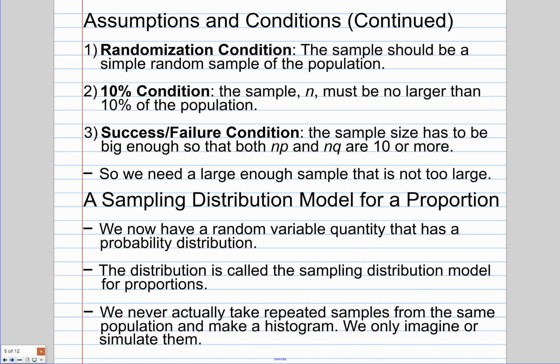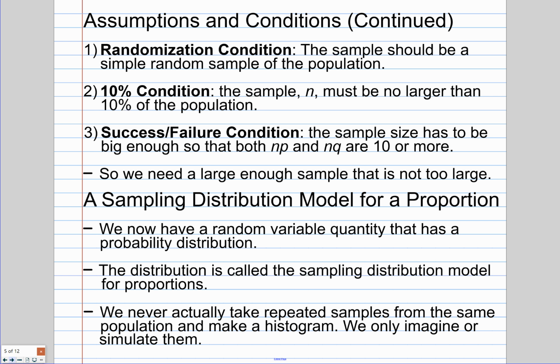All the probabilities change. But if it's millions of M&Ms, that change is so small that it's basically as if it didn't change. Okay, so that's the 10% condition in a nutshell. So we're going to check that to make sure that we think there are more than 10 times our sample size in the entire population of whatever it is we're talking about.